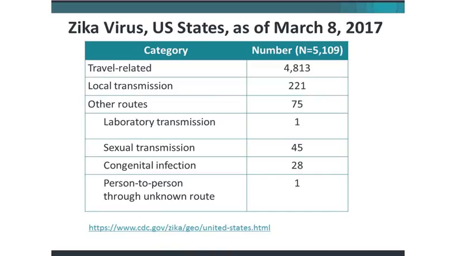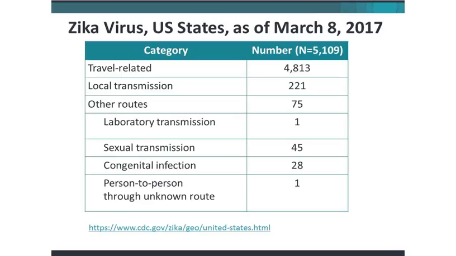For the most recent case counts, which are updated weekly at our website, there have been 5,109 reported cases to CDC, and over 4,800 of these are travel-related cases. There have been 221 local cases in the continental U.S. As I said before, these have been reported from Florida, primarily from the Miami-Dade County area, and from southern Texas, primarily from Brownsville and Cameron County areas.